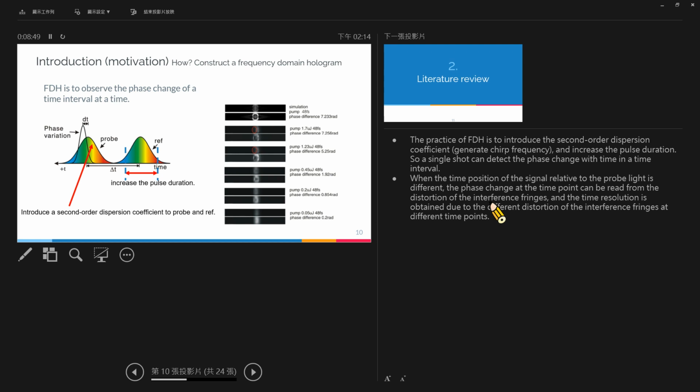It can stretch the pulse duration of the reference and probe. So then I can see that in just one shot, I can get the whole time interval. And by giving different pump energy, I can see different distortions up to here. And this one is FDH.